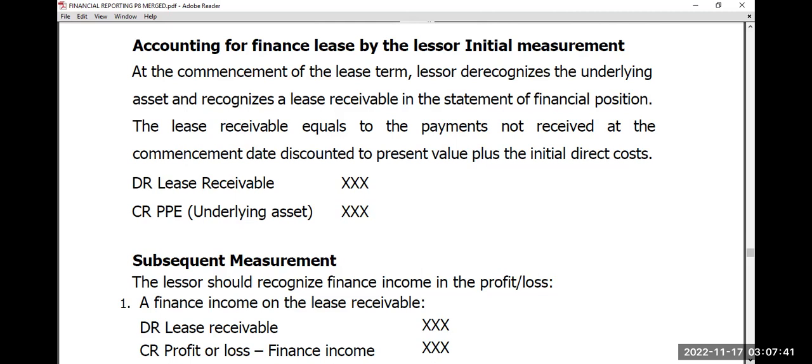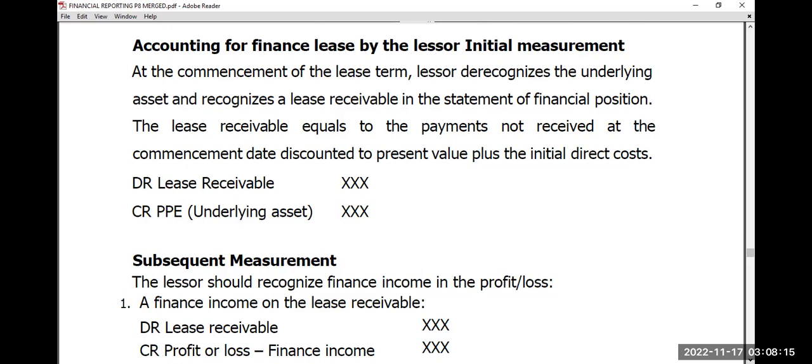We start with the initial measurement at the commencement of the lease term. Which values are we going to record in our financials? At the commencement of the lease term, the lessor derecognizes the underlying asset and recognizes a lease receivable in the statement of financial position.